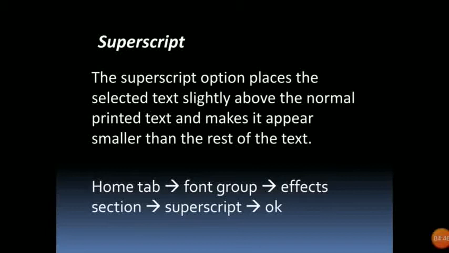It prints the text just above the normal printed text. Where will you get the Superscript option? In the Home tab, in the font group, in the effects section, there is Superscript. You have to click on the Superscript checkbox and then click OK.